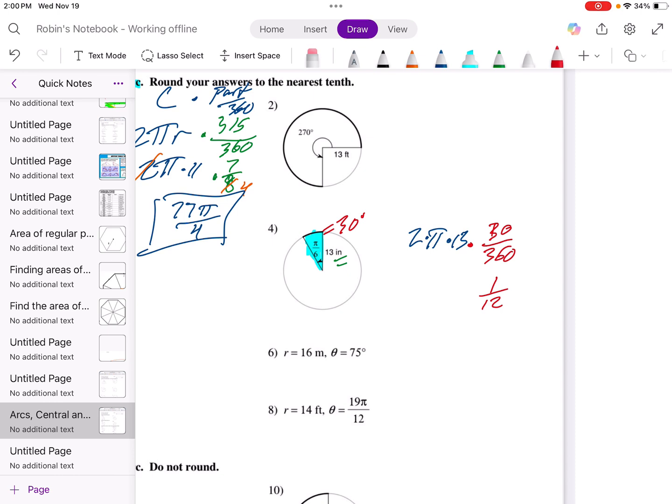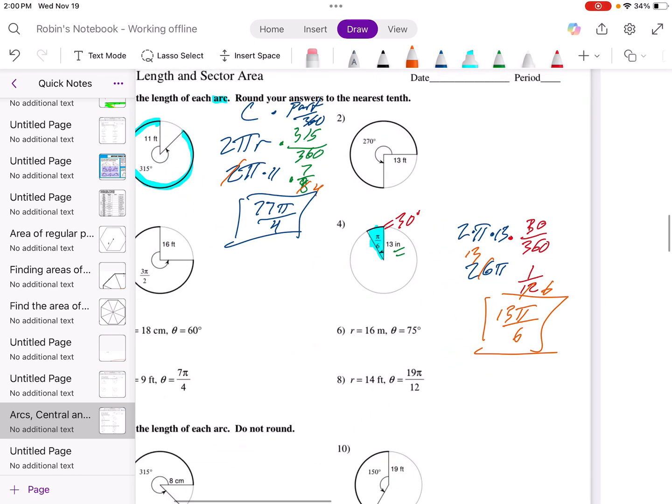So 26 pi over 12. Those will simplify. That's 6. That's a 13. So 13 pi over 6. Again, my apologies for not reading the assignment carefully the first time.